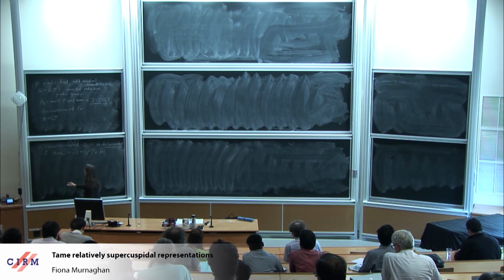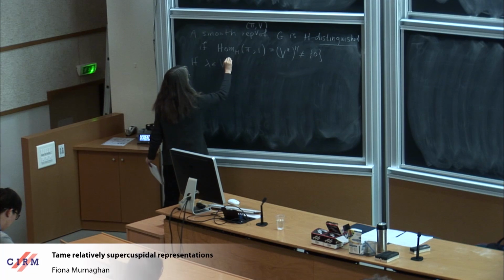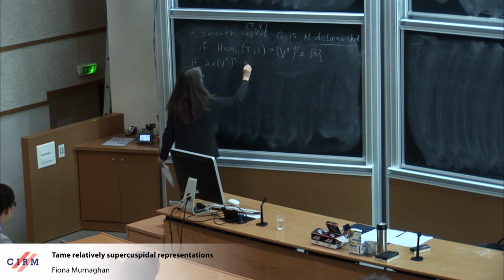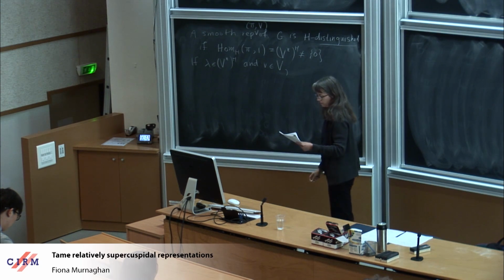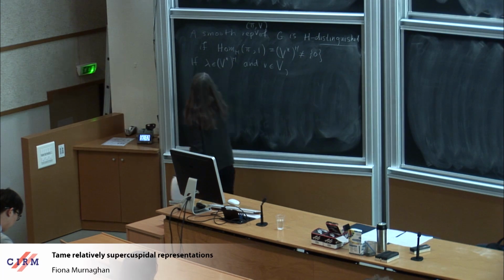Okay, so if we have a lambda that is H-invariant, and we have a vector in V, then we can define a relative or generalized matrix coefficient.